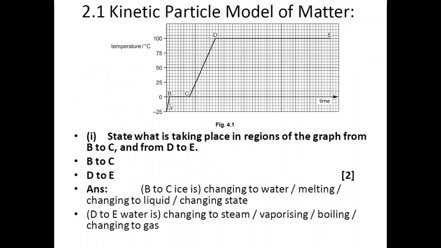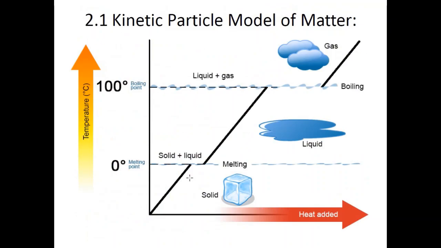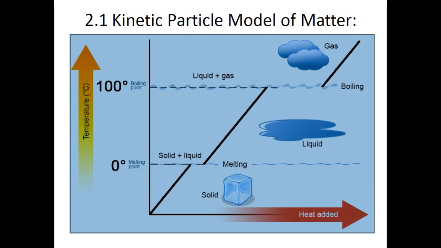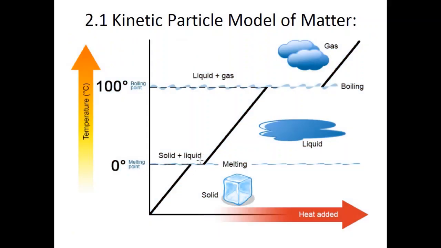Now remember one thing, at this point in a change of state curve, which is also known as a heating or a cooling curve, energy is being constantly supplied but the temperature is not increasing.